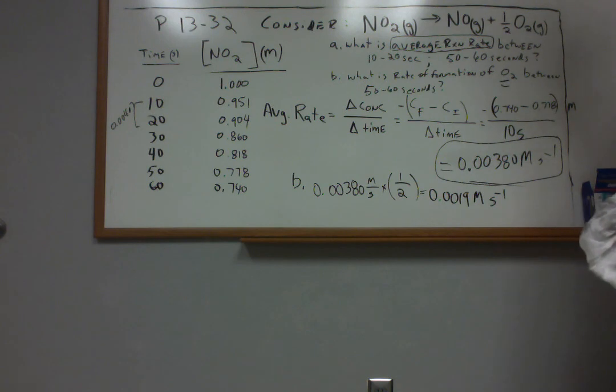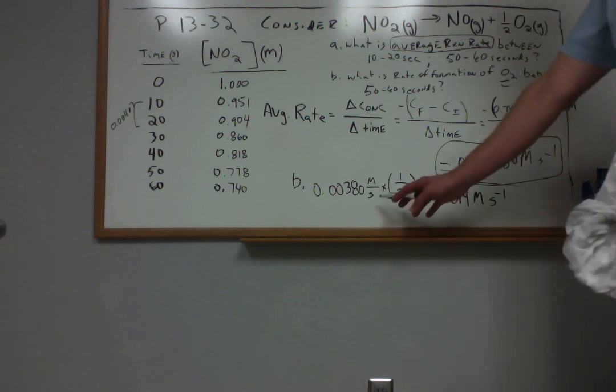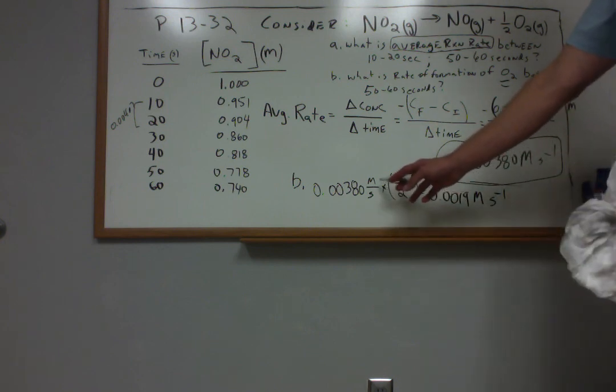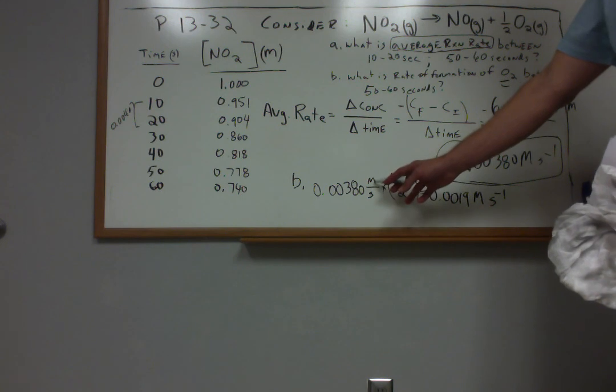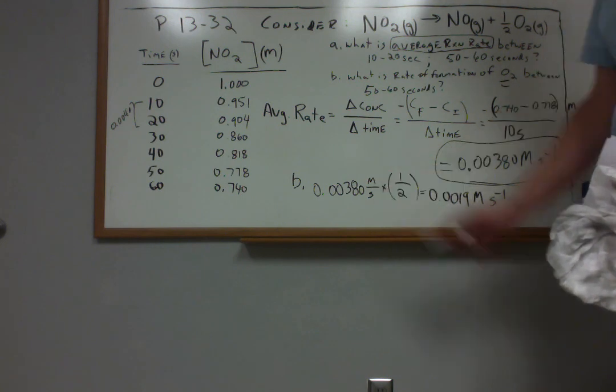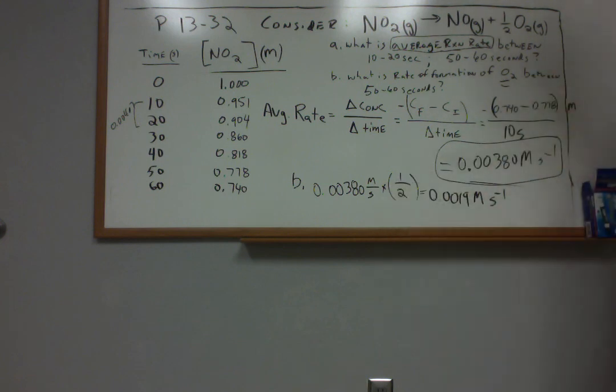One more thing to point out, if this wasn't obvious: notice that I wrote the units in 2 different ways for my reaction rate. They're still the same units, though. This is molar per second, or moles per liter per second. The concentration change in molarity units per second is the way I'd read that, with seconds in the denominator. If you're not familiar with this way to write the same thing, I just wanted to point out that it's exactly the same.